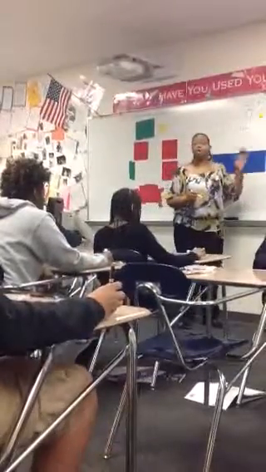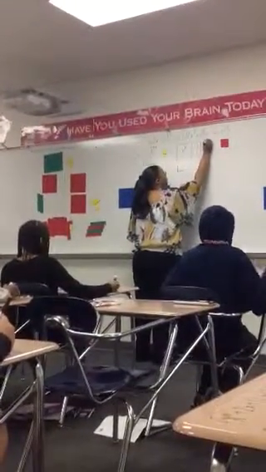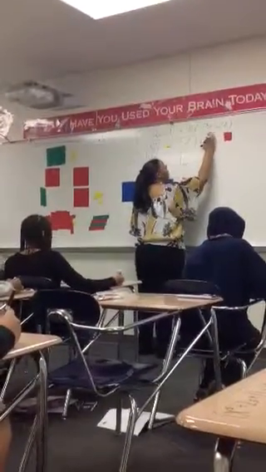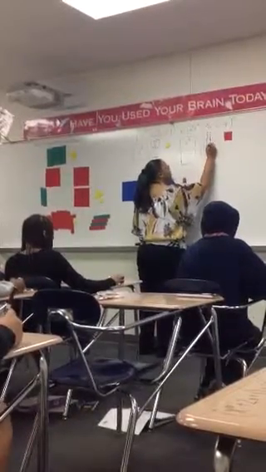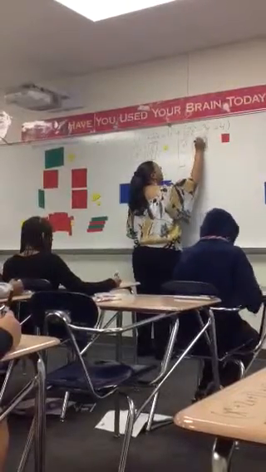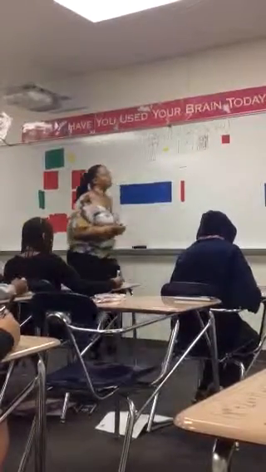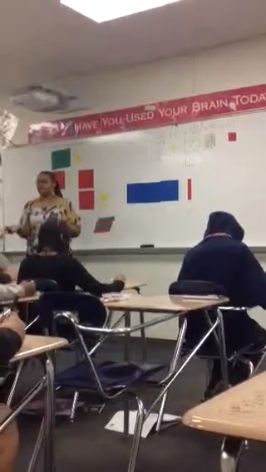Alright, so we need to draw 3 rectangles, but we need to shade them. And why are we shading them? Because they're red. And I don't necessarily have to label that because I know it's shaded, so I know it's negative, and it's a rectangle. The only rectangle I have is the x.